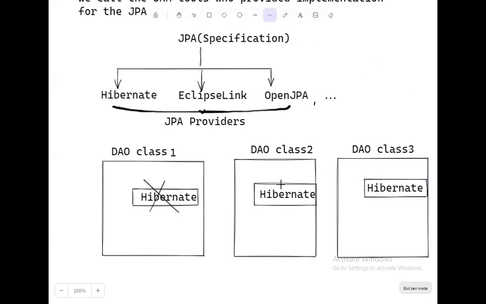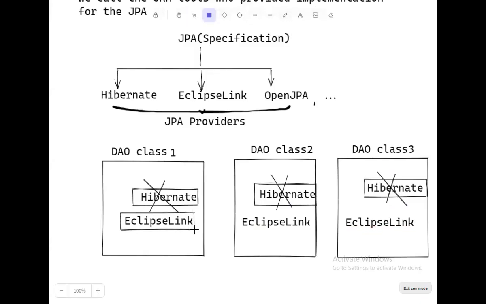Then what should I do? Go to each and every DAO class. Almost all the code you need to change, because your code is developed using Hibernate, but now the client wants it in Eclipse link. So write the code in Eclipse link. In all the DAO classes I have now changed to the new ORM tool, Eclipse link.